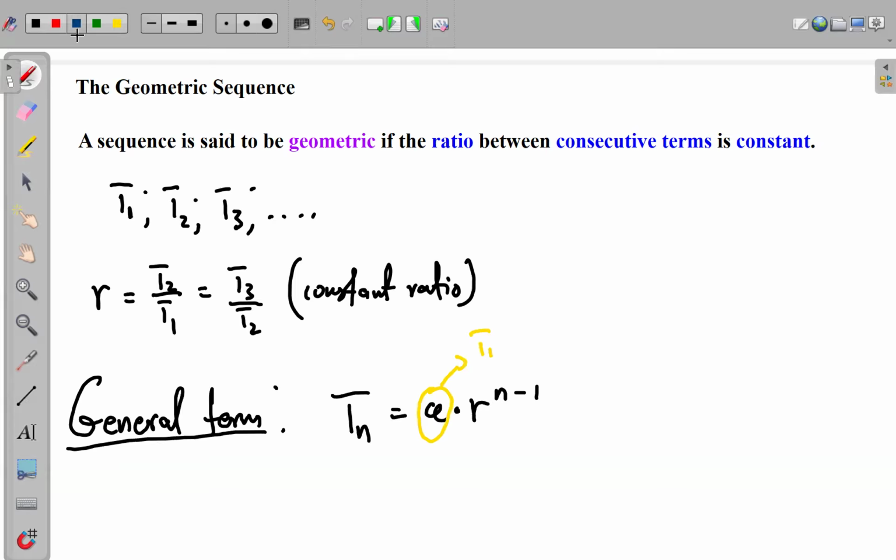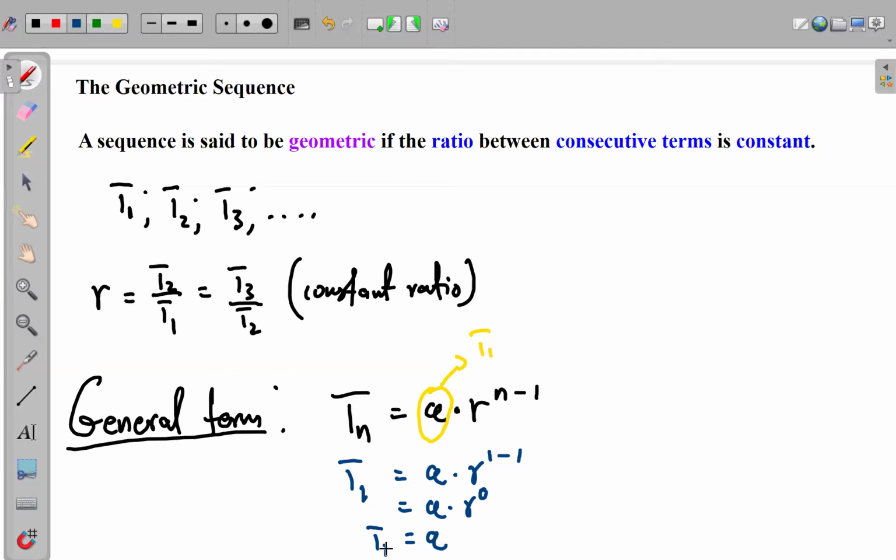And if you are in doubt, I can quickly show you that if I calculate term 1 and I substitute 1 in this general term, I will actually get a, because anything to the 0 is 1. So as you can see, out of principle, once again, term 1 is always equal to a in a geometric sequence.